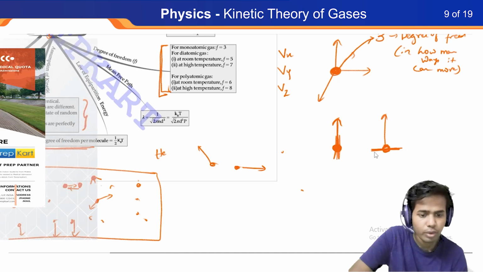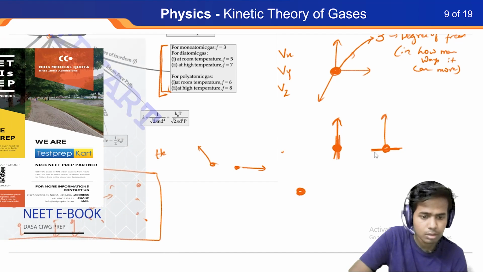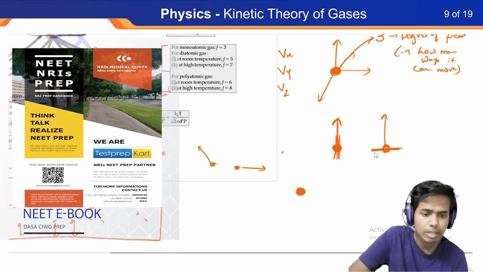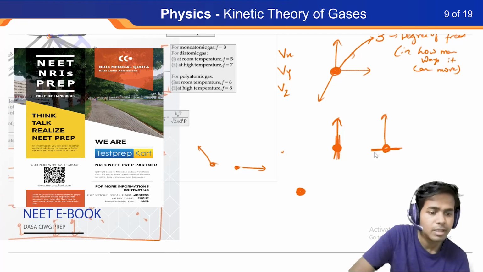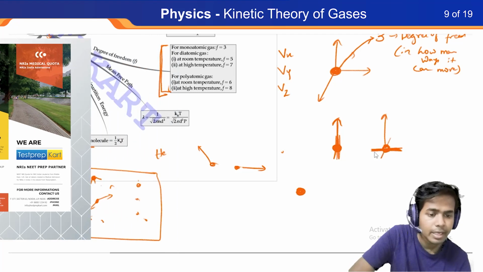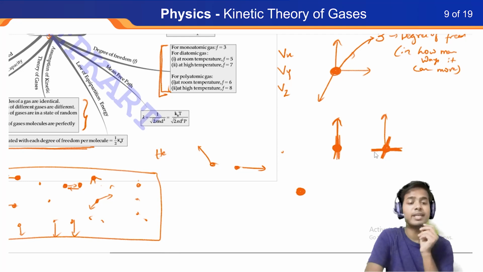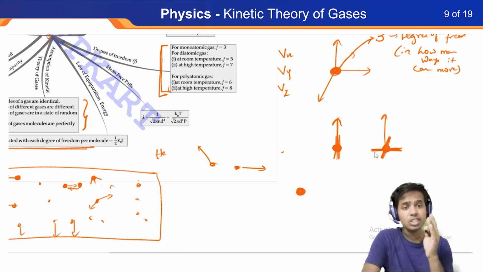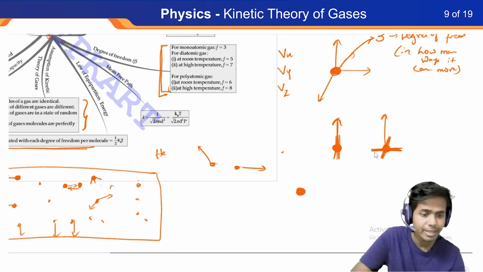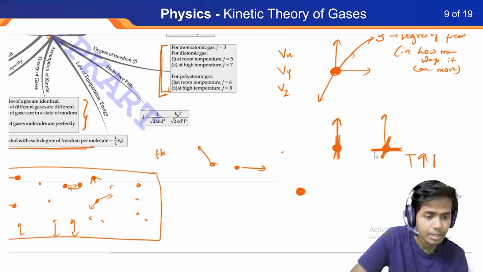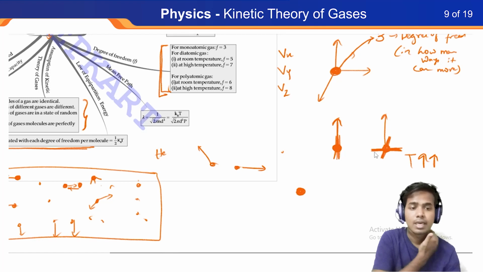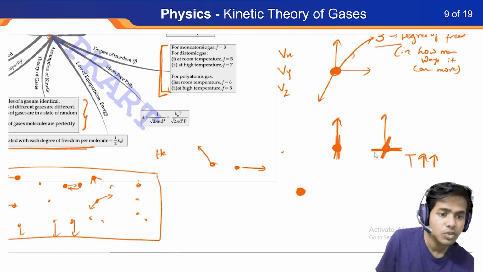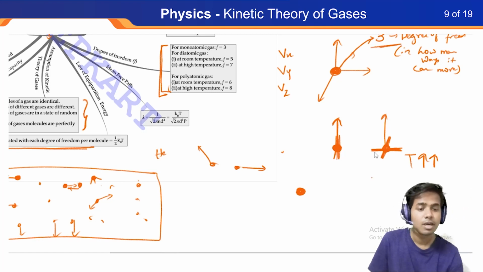So let's say you have a monoatomic particle. In this direction it can vibrate, and in the direction outside the plane or inside the plane, in these two directions it can vibrate if the energy is very high or the temperature is very high. So in those cases, the degree of freedom, which was initially 3, becomes 5.